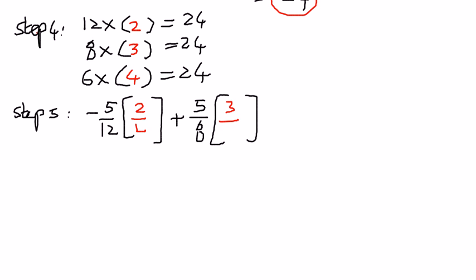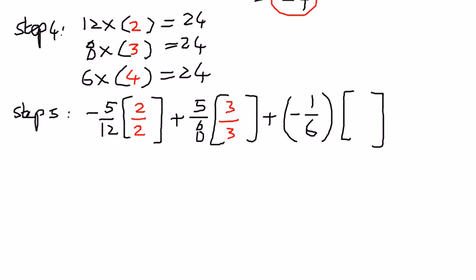So I'm going to erase that and write it out as 2 divided by 2 here, and then here 3 divided by 3. So 8 times 3 is equal to 24. And the third fraction we have is negative 1 over 6. And then we're going to multiply and divide this by 4, 4 divided by 4. Now we are ready to find the common denominator.